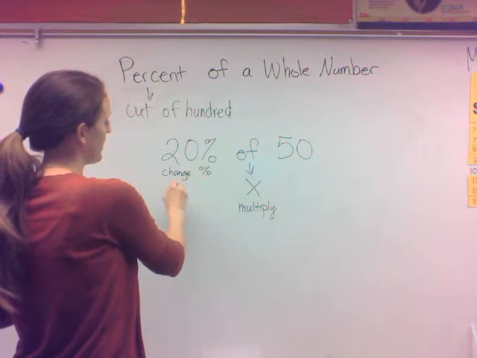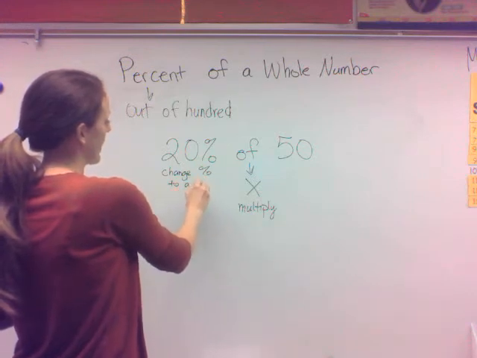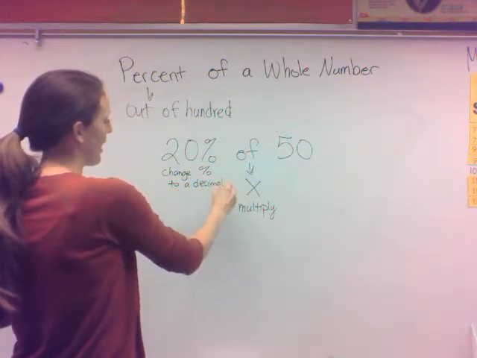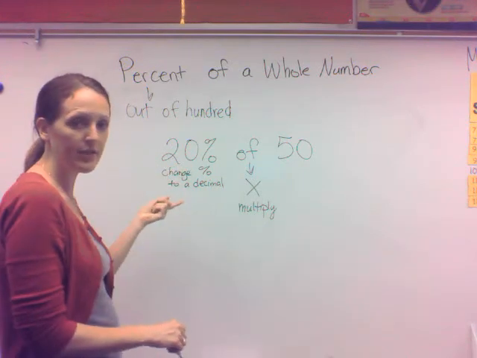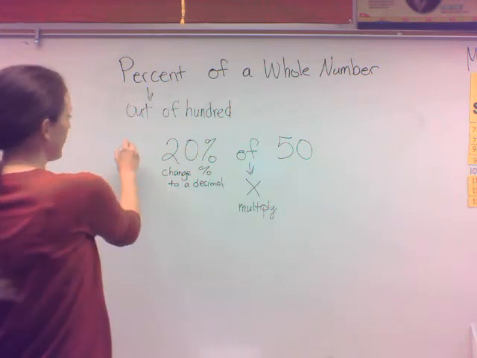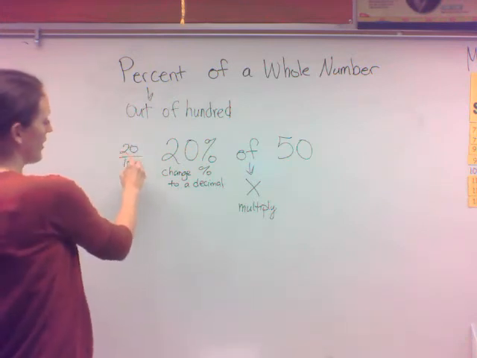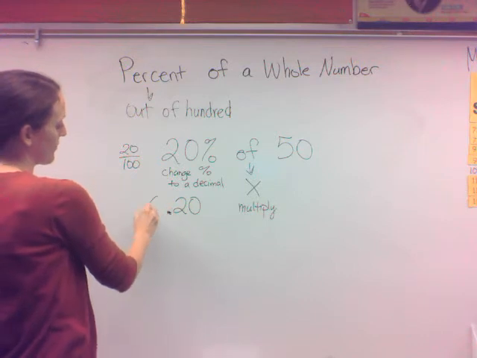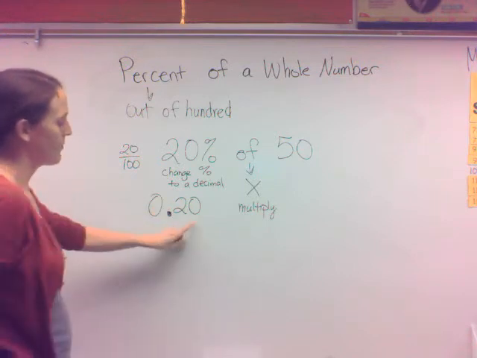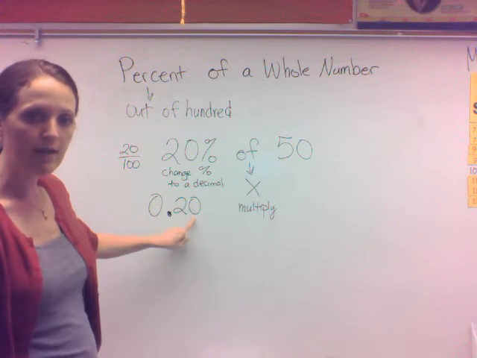So we change our percentage into a decimal. And how do we do that? Well, this says it's 20 out of 100. Now, you know this zero is not necessary.